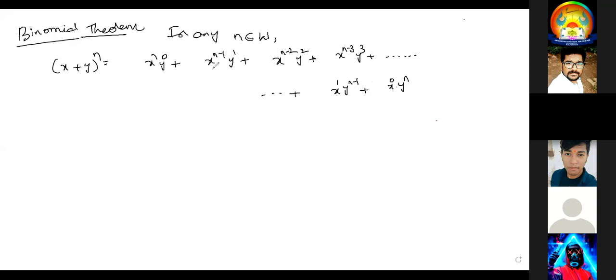Yes, that skeleton you too can write, but using Pascal triangle we wrote the binomial coefficients: nC0, nC1, nC2, nC3, nC(n minus 1), and nCn. Do you remember that nCr is nothing but n factorial by (n minus r) factorial into r factorial?